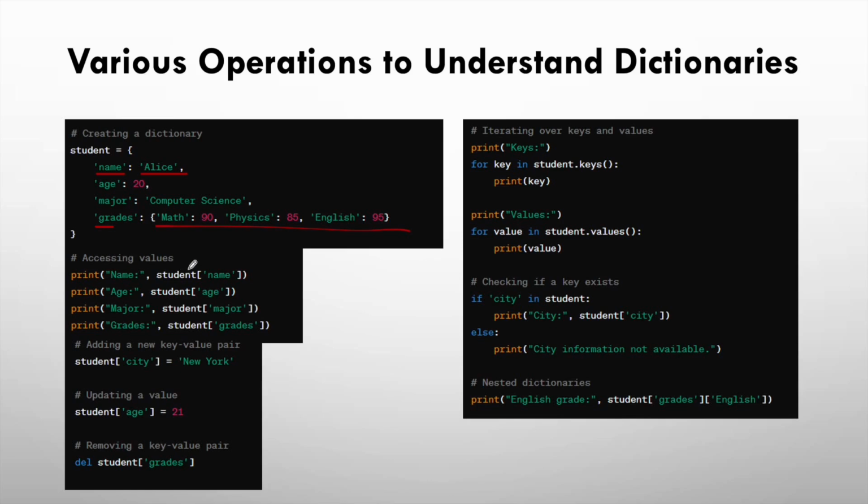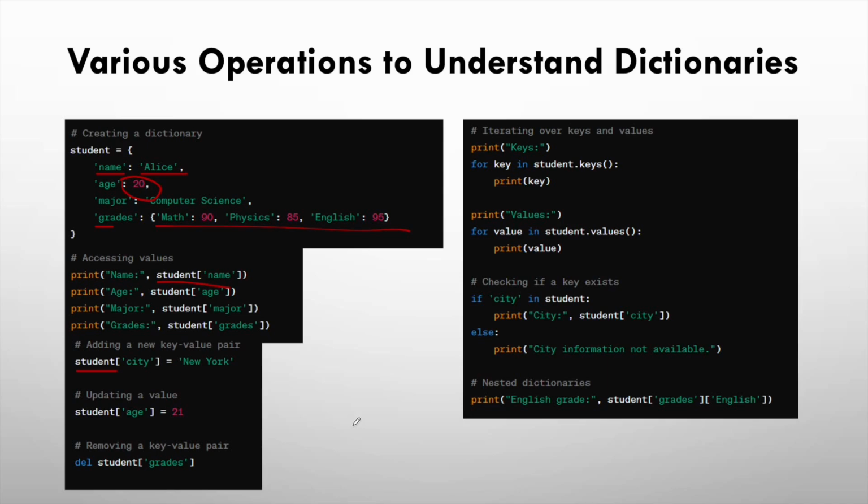Now to access values, you can just say print student name. Now this is the key. So it'll go here, and what it'll print is Alice. It won't print the key since the data here is actually Alice. So similarly with age, when you say print student square brackets age, it'll print the value associated with that key.